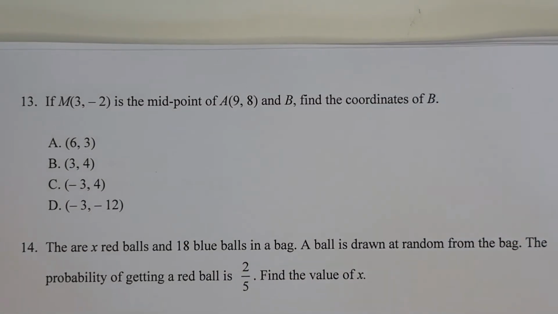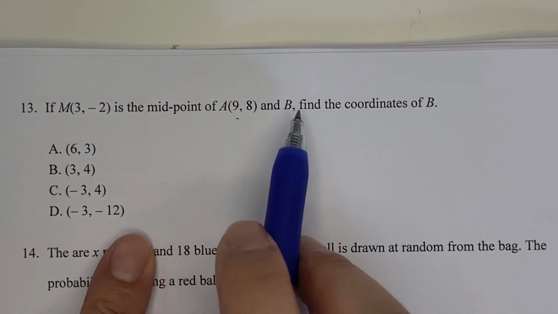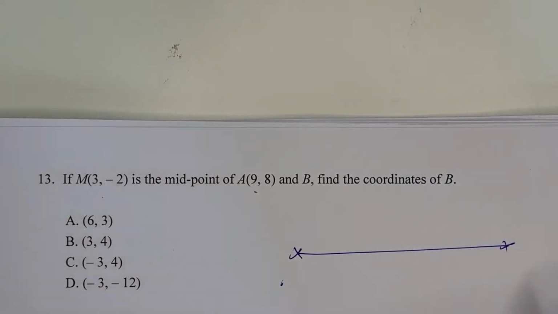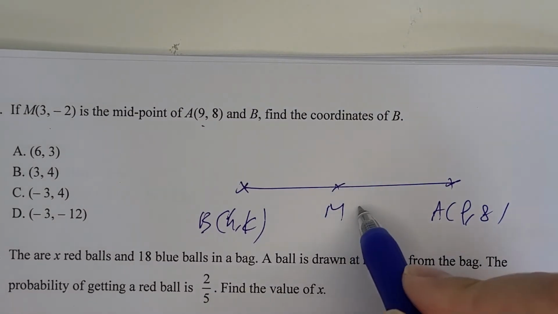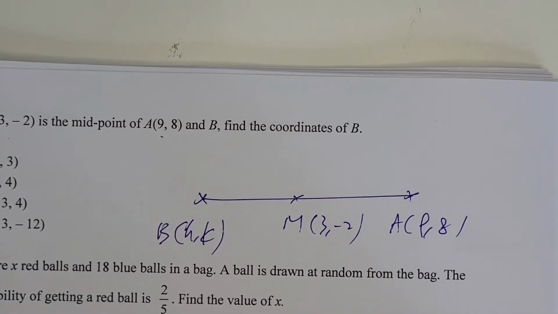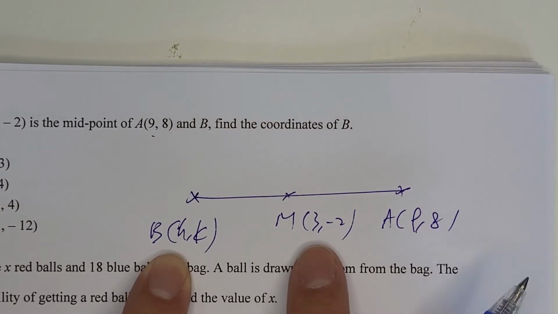And for question number 13, M is the midpoint of A and B. So you can draw the straight line here. A is (9, 8), B is unknown (H, K), and midpoint M is (3, -2). You can directly apply the formula. Don't worry. The sum of the two numbers over 2 equals the middle one.